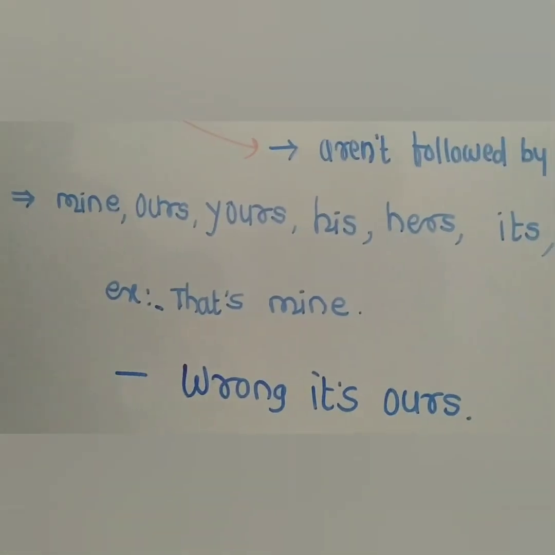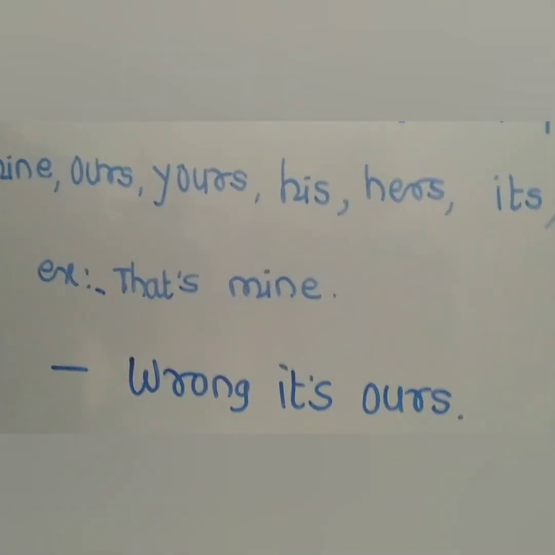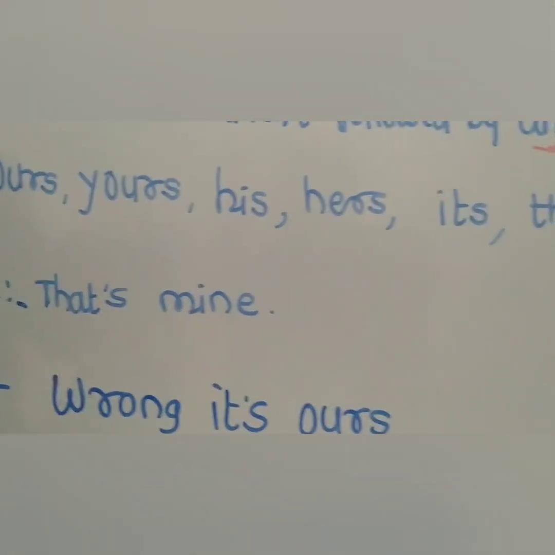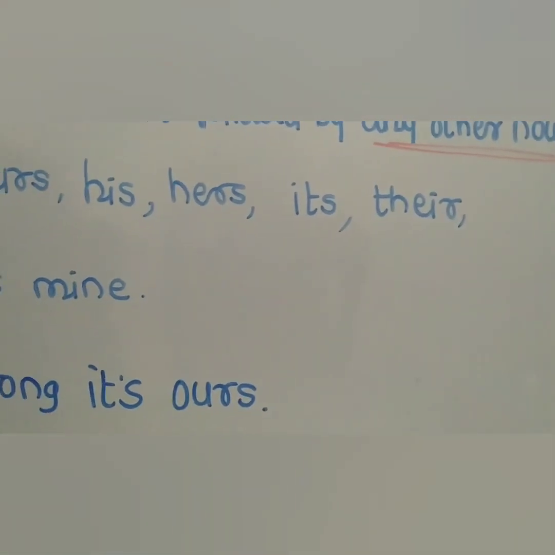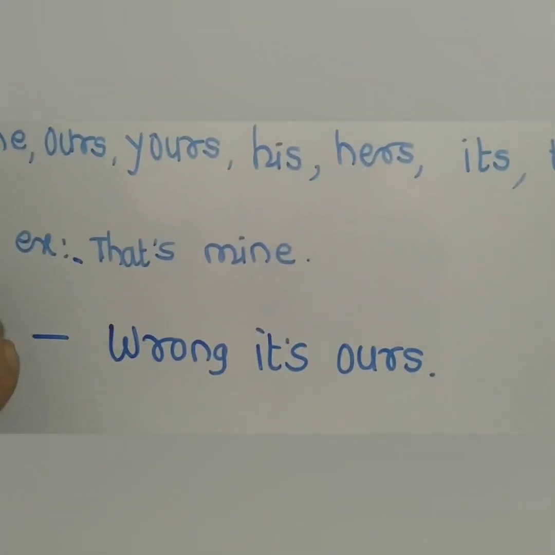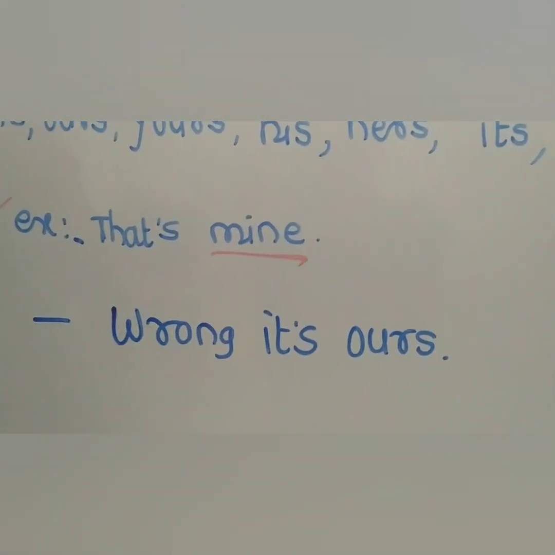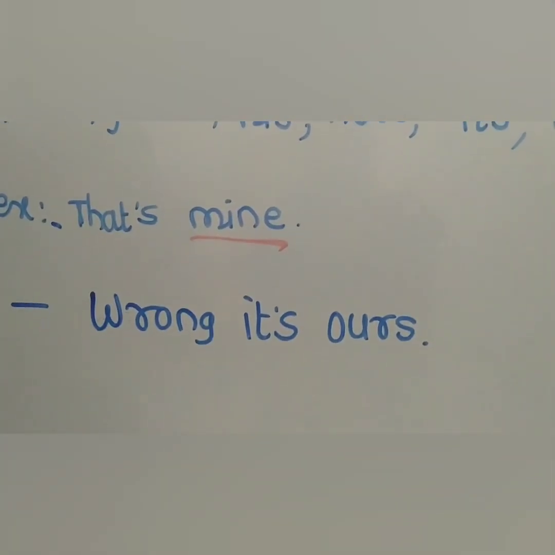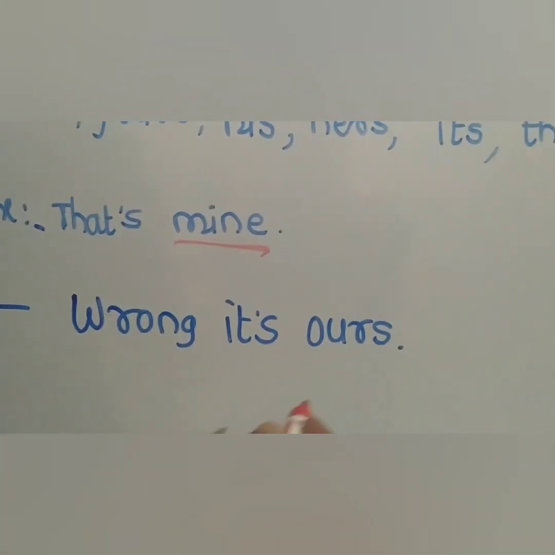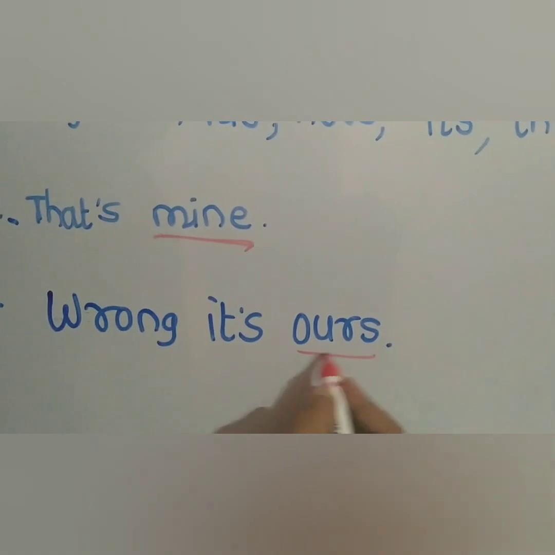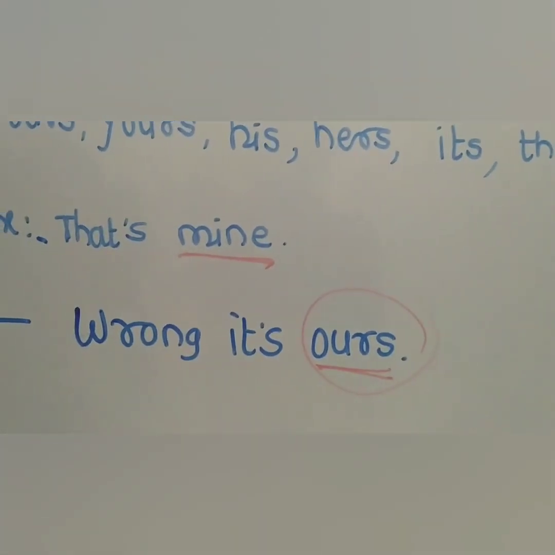Now these are the independent possessive pronouns: mine, yours, ours, his, hers, its, theirs. Now the example is: that's mine. In this sentence, mine is an independent possessive pronoun. The second example: it's yours, ours. Now ours indicates an independent possessive pronoun.